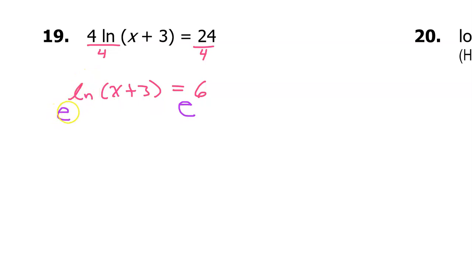Base e and natural log are inverses, so they cancel each other out. So you will end up with simply x plus 3 is equal to e to the 6th power. And subtracting 3 from both sides, we get x is equal to e to the 6th power minus 3.